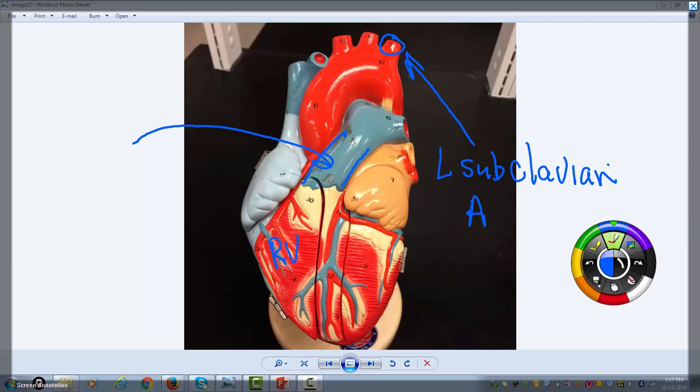In this case, the pulmonary trunk branches into this vessel right here, which is the left pulmonary artery.